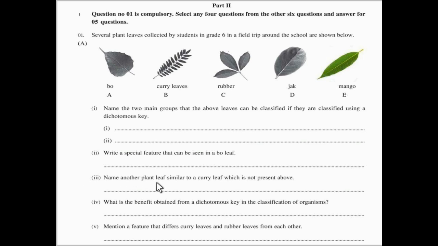Third one, name another plant leaf similar to curry leaf which is not present above. This is curry leaf. There are so many trees with this type of leaves called compound leaves. Compound leaves are in tamarind. Siyambala, tamarind.